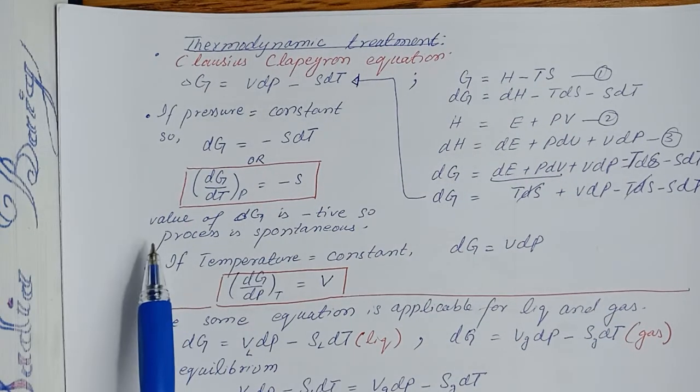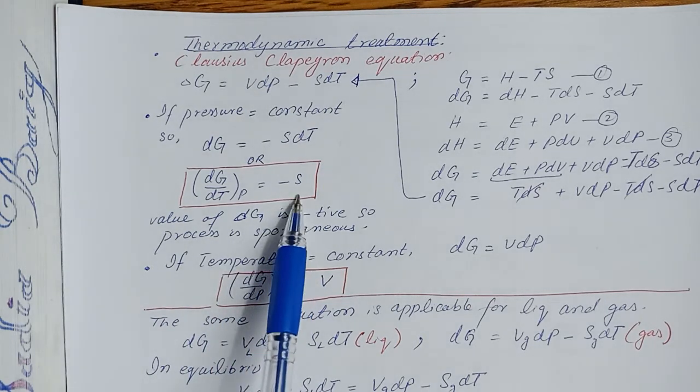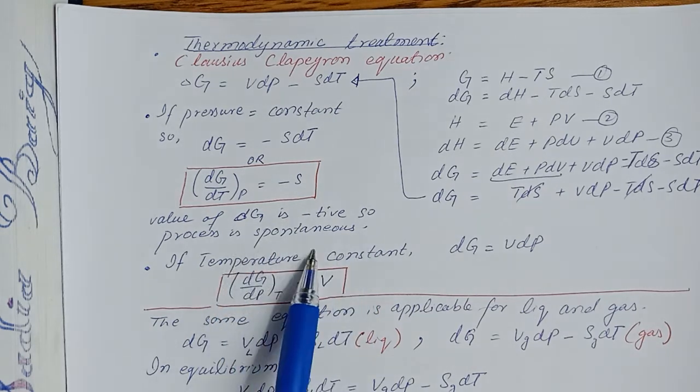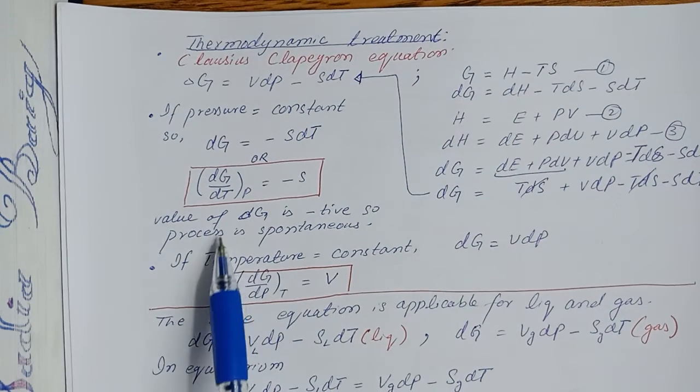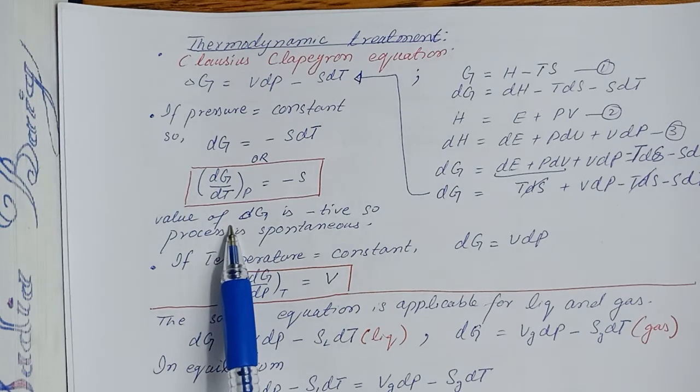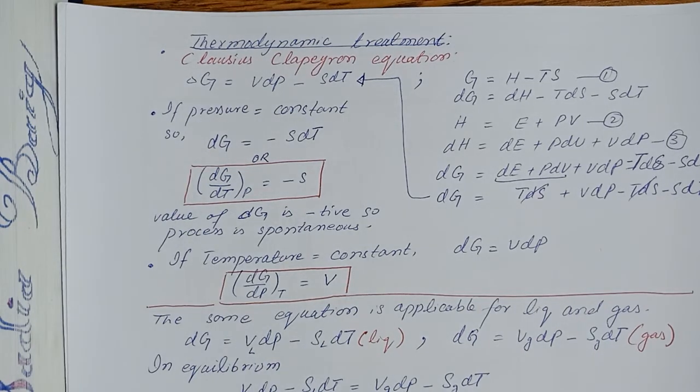So it means that the Gibbs free energy change is negative because entropy is usually positive. So the process is spontaneous, that is the change in the phase of the substance, which can be from liquid to solid or liquid to gas.